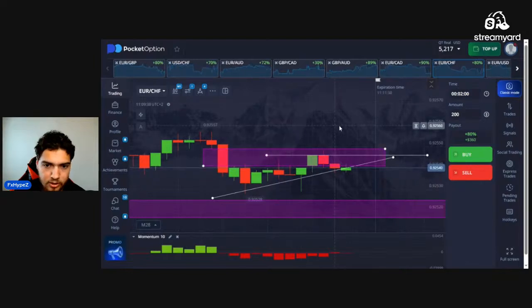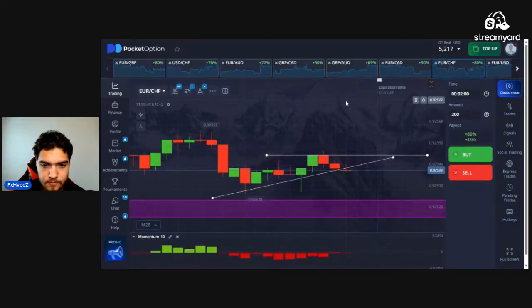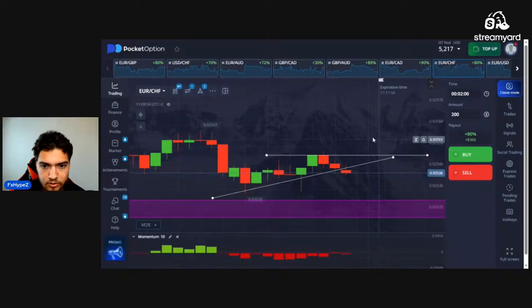It's a little bit messy, I know, but this can go one of two ways. But momentum is still red so far, 2-minute sells is the way to go.